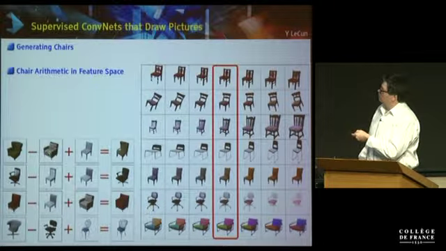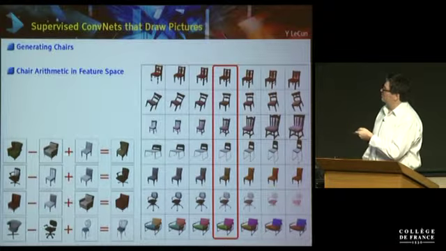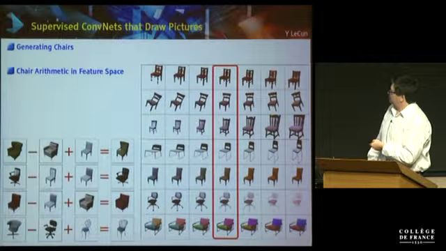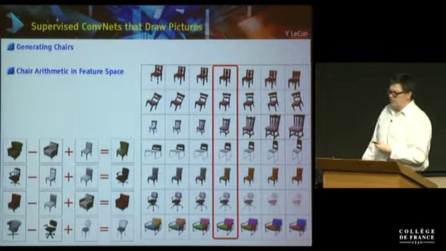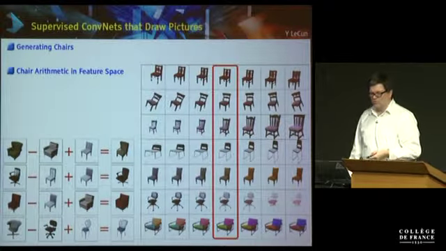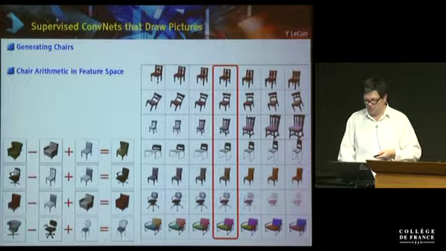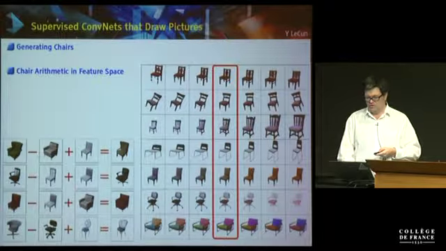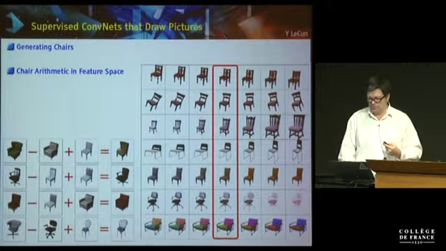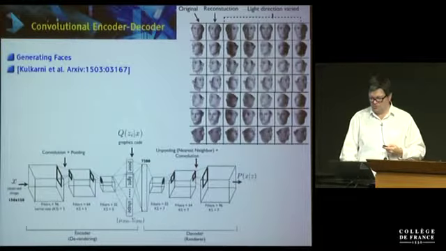So take an armchair, subtract another armchair, add a chair, and you have a chair that looks like the initial armchair. Another similar technique I will present in lectures on unsupervised learning is called adversarial learning, which is even more amazing because we don't need to give any instantiation parameters.